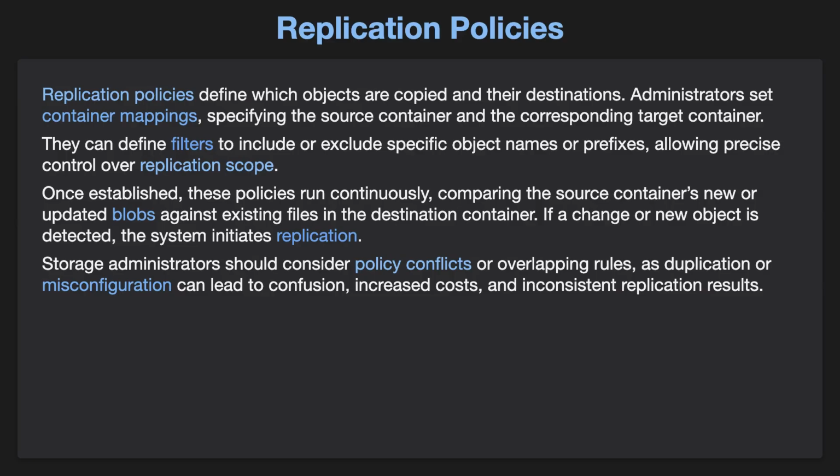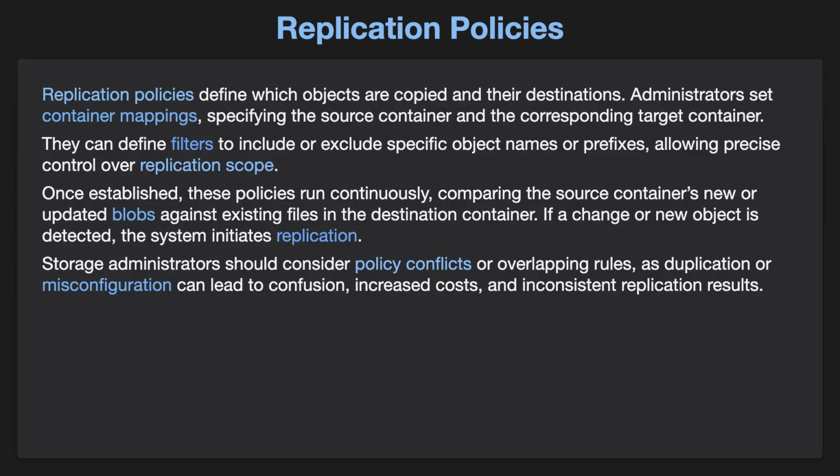Replication policies define which objects are copied and their destinations. Administrators set container mappings, specifying the source container and the corresponding target container. They can define filters to include or exclude specific object names or prefixes, allowing precise control over replication scope.